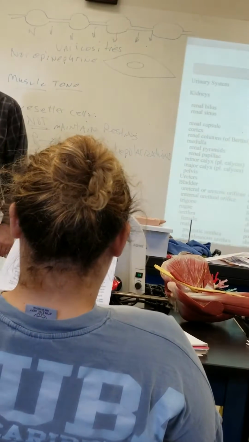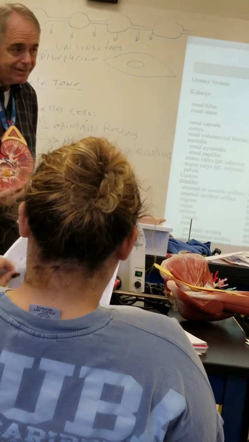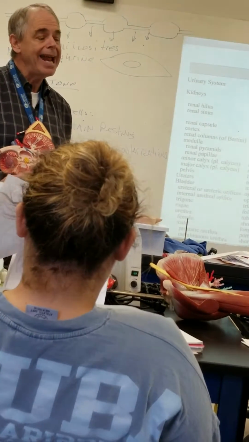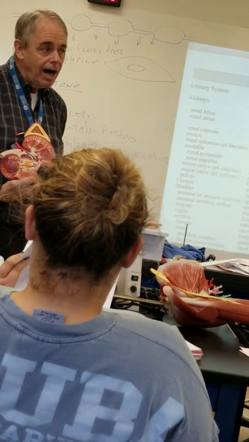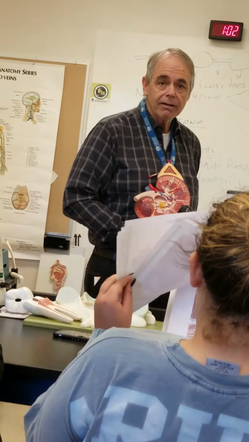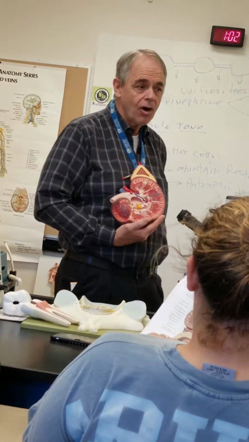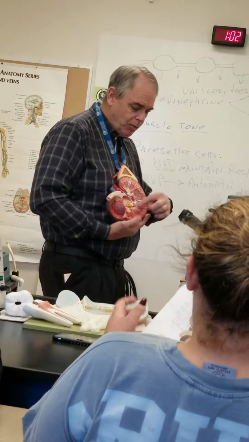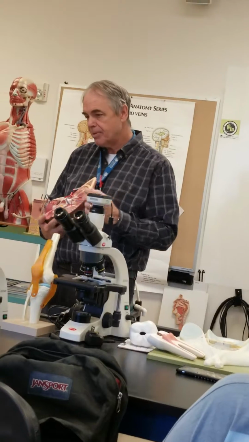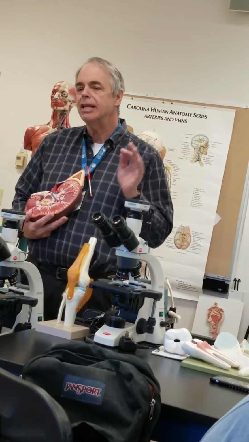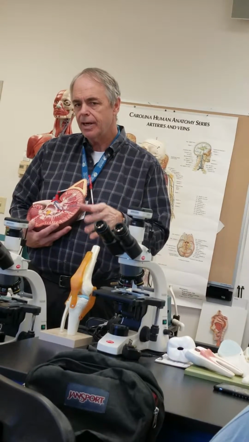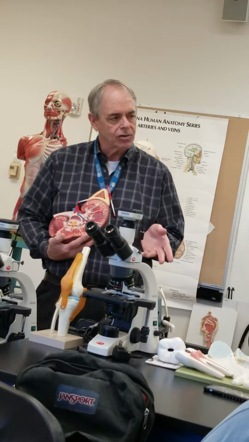Now the snow-capped pyramid is made out of the most distal aspect of collecting ducts. That's what these are. So each one of these little snow-capped pyramids is made of the distal portion of the collecting ducts.